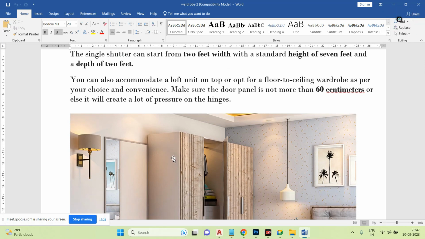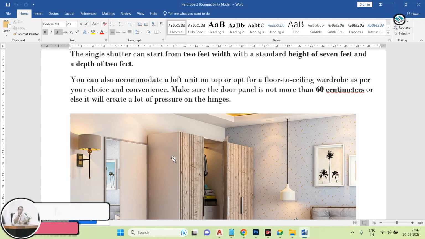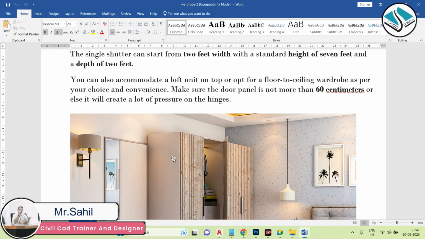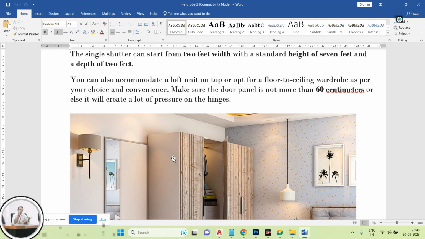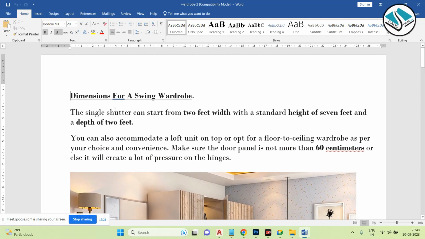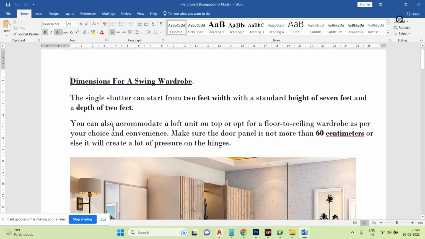If you have no knowledge about wardrobes, then you must know about the sizes and the thickness of the wardrobe.